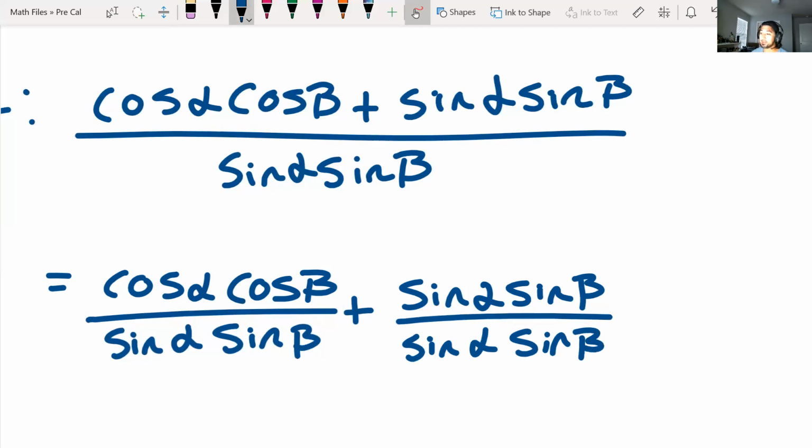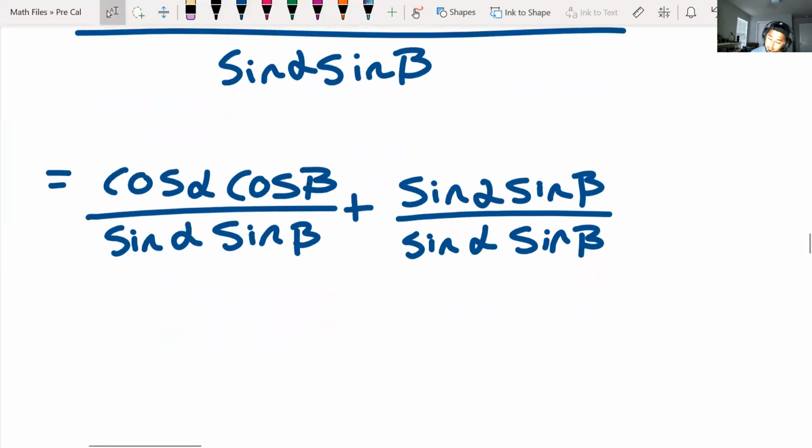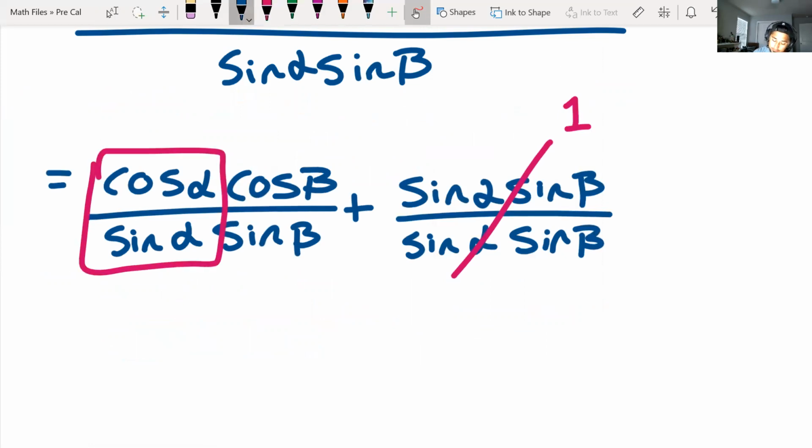And now what happens? Will that just become 1? Good. That becomes 1. And then we know that cosine over sine becomes what? Cotangent. Cotangent alpha. And we know that cosine beta over sine beta becomes cotangent beta.